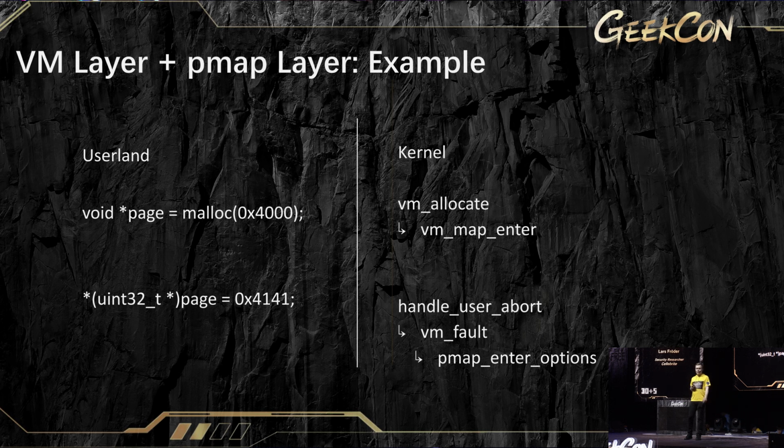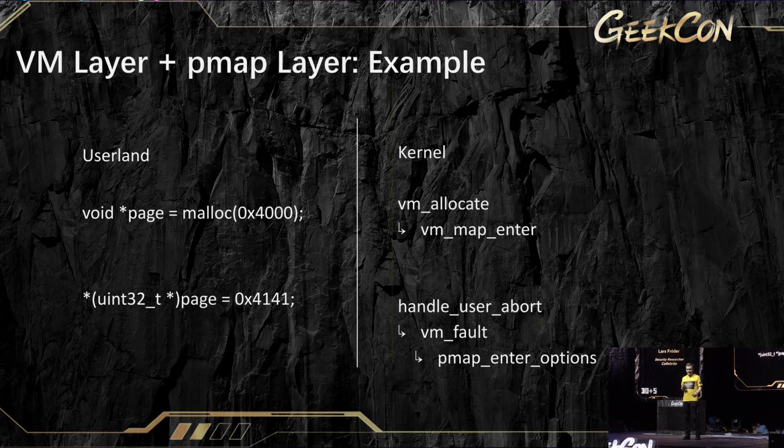In the kernel, it would call VM allocate and VM map enter. At this point in time, this memory doesn't actually exist. It just creates an entry in the VM layer to say that at this page there's memory. Then only when you actually access the memory you allocated, it will trigger a data abort in the kernel, and this will call out to VM fault.